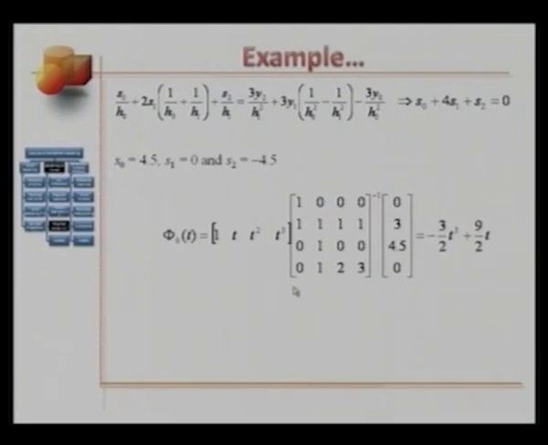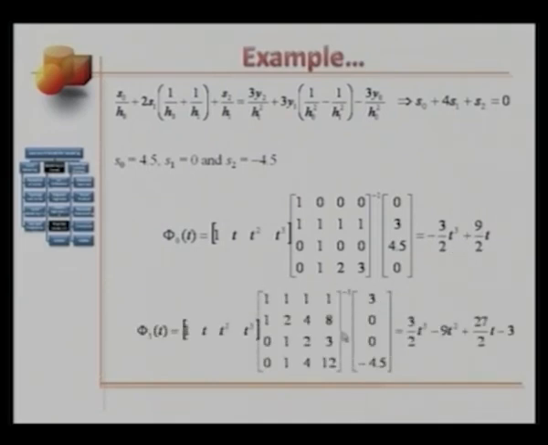We simplify this expression to get phi 0 of t as minus 3 over 2 t cubed plus 9 over 2 t. Likewise, phi 1 of t will be 3 over 2 times t cubed minus 9 t squared plus 27 over 2 t minus 3.